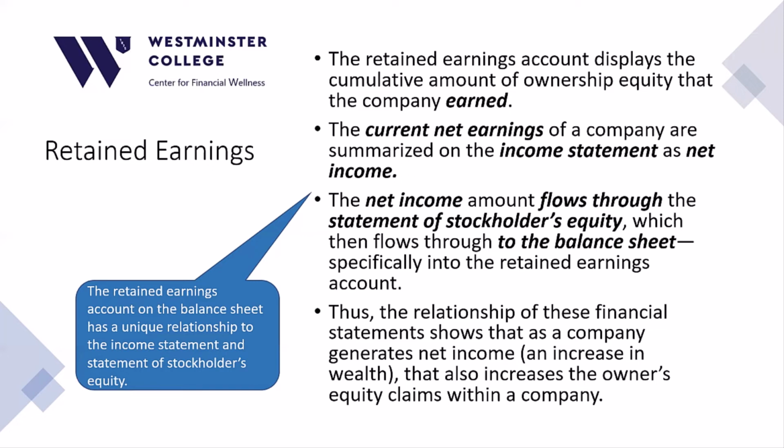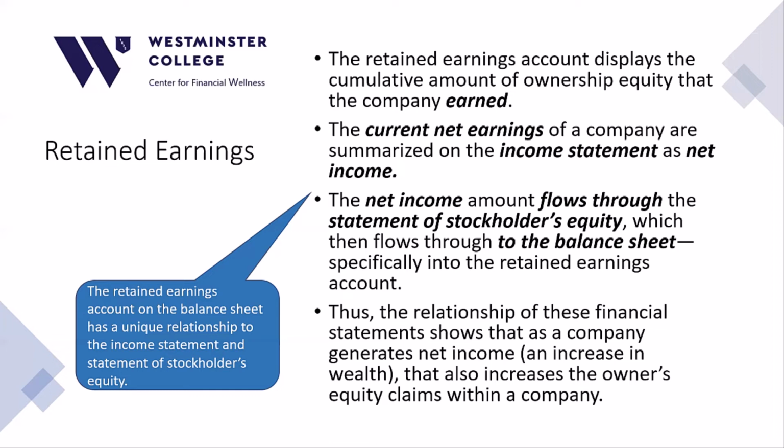Hold on, I promise it'll make sense. So net income originates in the income statement, rolls into the statement of stockholders' equity, causing retained earnings to change. And then the ending retained earnings amount on the statement of stockholders' equity is then included on the balance sheet.